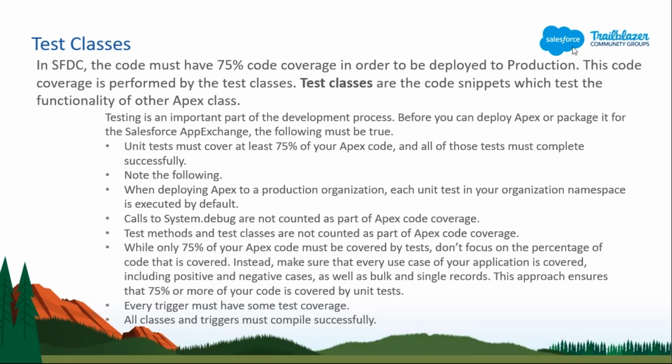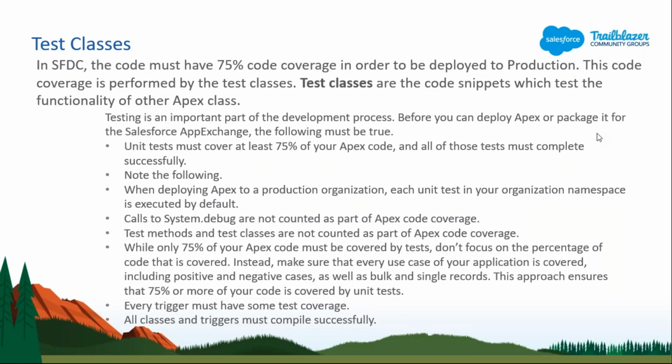Then you need to write a test class, and that test class should cover all the scenarios you have used in your trigger. It will collect all the lines and give you the percentage of code coverage. To deploy your code to production, you need to have at least 75% code coverage for the class.